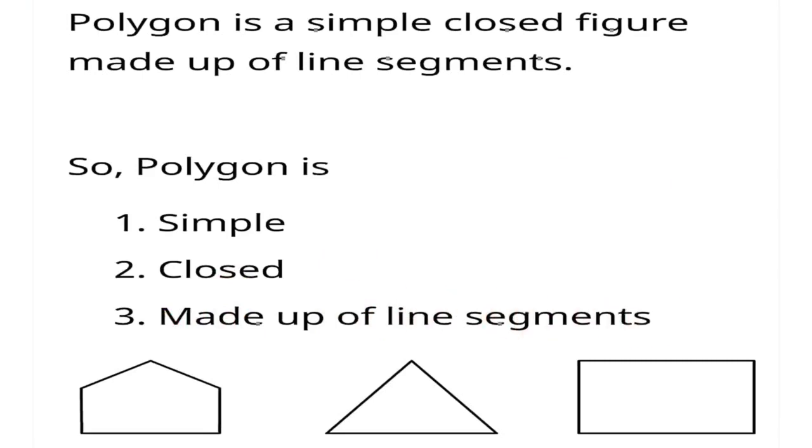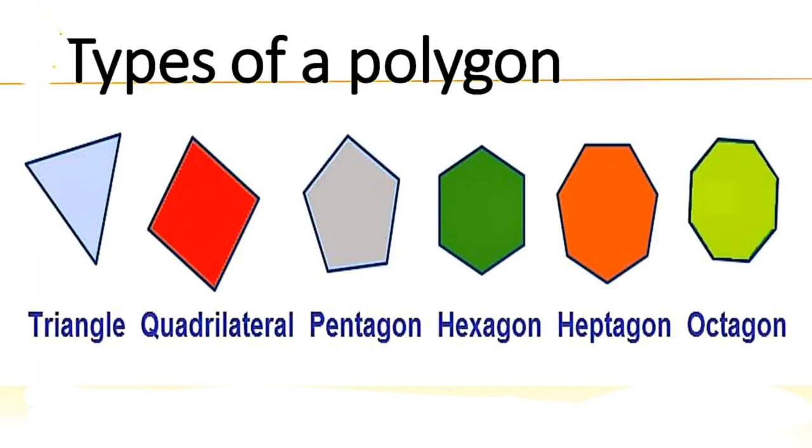Let's see the types. We have many types of polygon. Here I have given different types of polygon. First is a triangle, then quadrilateral, pentagon, hexagon, heptagon, as well as octagon. A triangle, everybody knows, contains 3 sides, and a quadrilateral contains 4 sides. A pentagon should have 5 sides, and a hexagon should contain 6 sides.